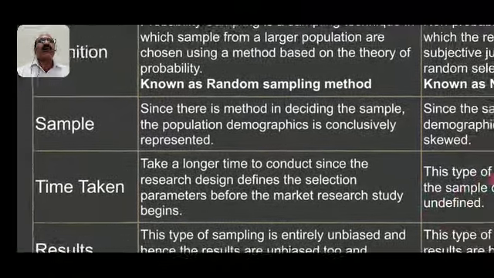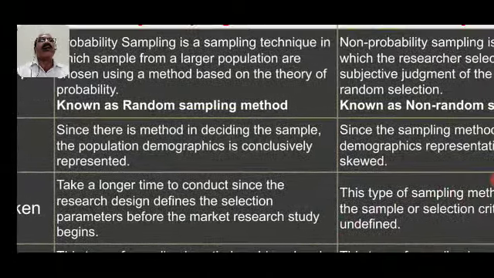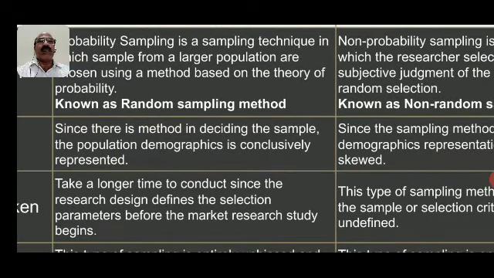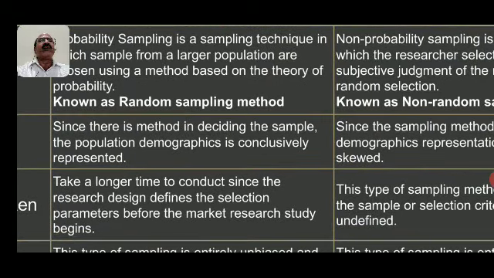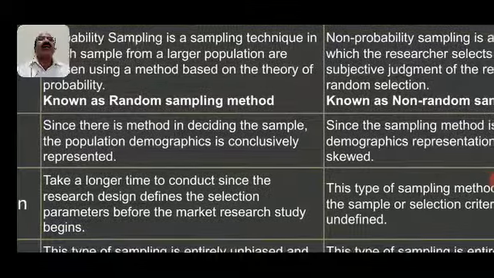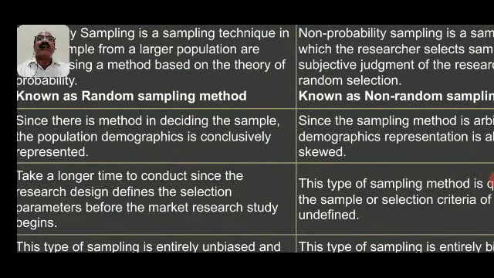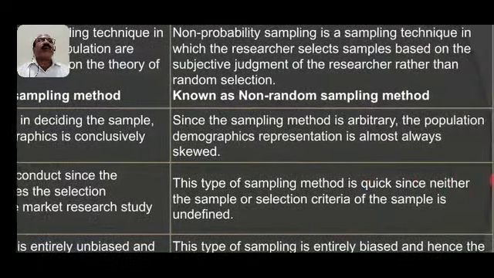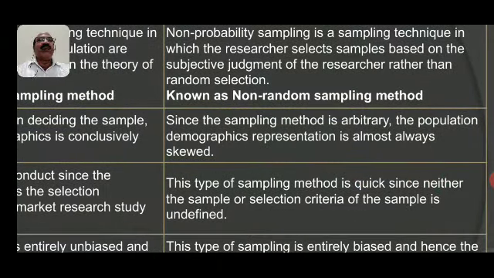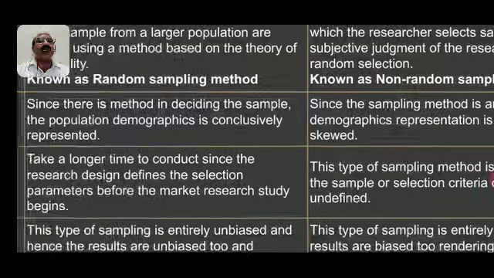In terms of sample, since there is a method in deciding the sample size, the population demographics are conclusively represented. That means statistically it is a true representation. But in non-probability, you cannot guarantee a true representation. Rather, it will be skewed.